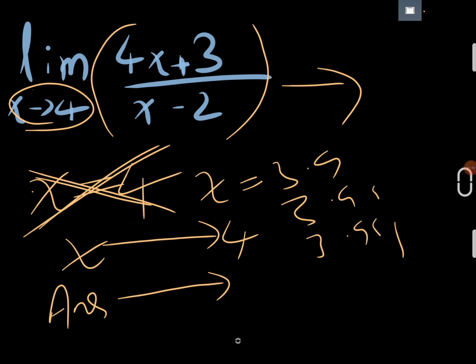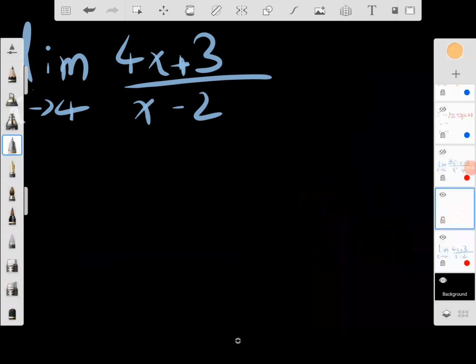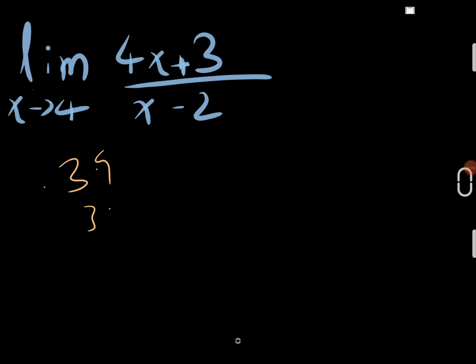Now, in my knowledge, there are two ways of solving this question. You can put different values for x, like 3.9, 3.99, closer and closer to 4, and see what value the answer goes to, like we saw in the previous video. That is a lengthy way because you have to substitute different numbers.